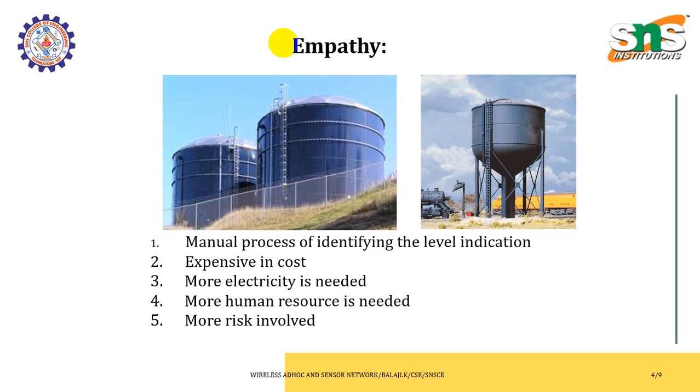So there will be manual problems. Obviously the expense of cost will be there. For example, overflow may occur even if it's done in a manual way, so it will cause a larger amount of cost for the global concern. The second thing is expense in cost, and obviously if there is a flow of water, the electricity use will also be more.